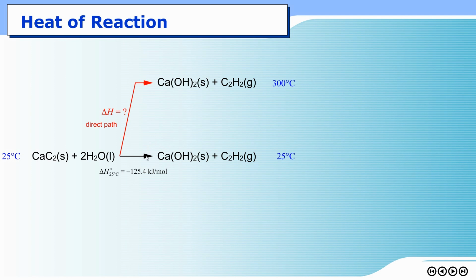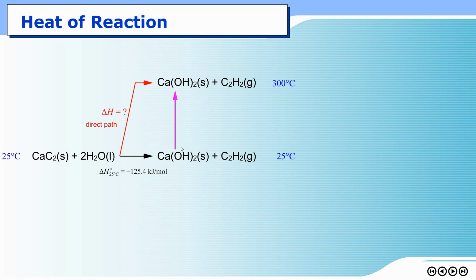Now the indirect path should go in the way that we have information. So the black line here, we have information, so we can go from the reactant to the product at 25 degrees first, simply because we have data over here, and then we can heat up the product up to 300 degrees Celsius.